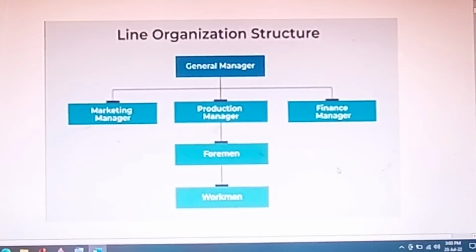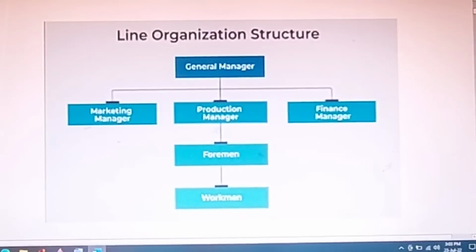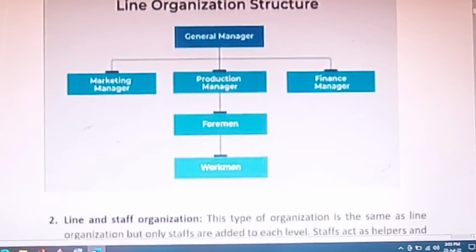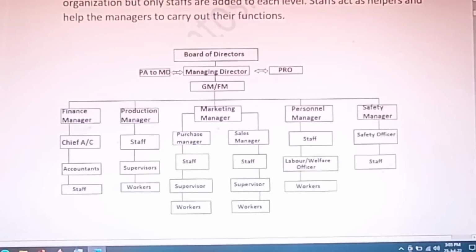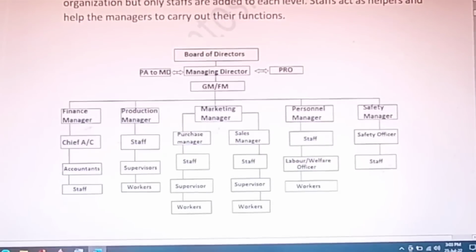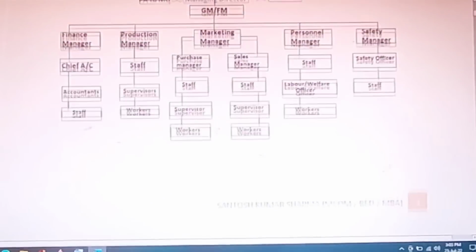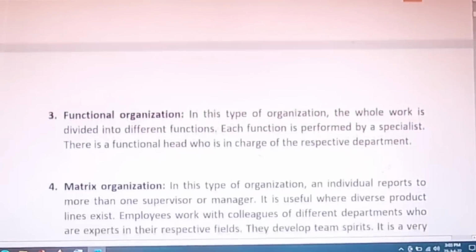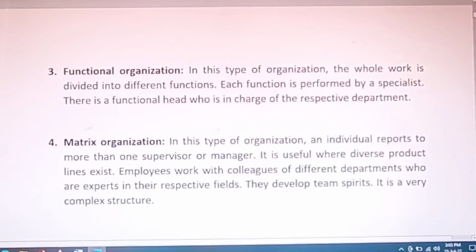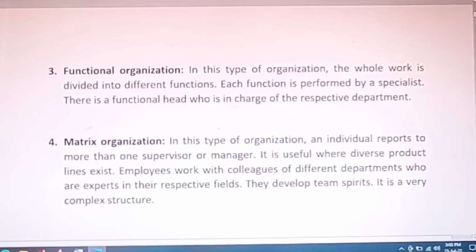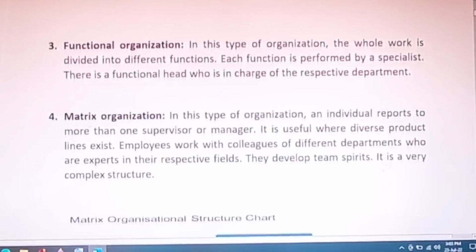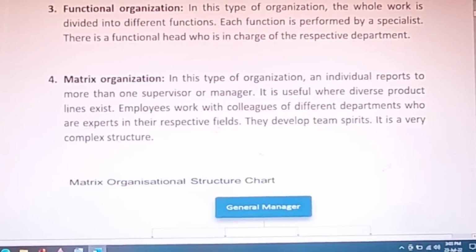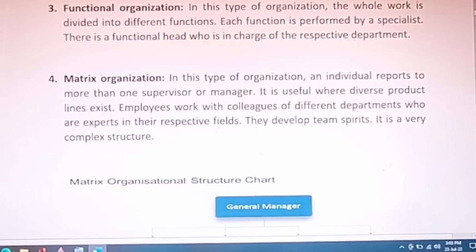Then again you can place the different employees there, like foreman, workman, like that. Line and staff organization में the different staffs are attached to the line managers. And in the functional organization, the structure is divided on the basis of functions like production, finance, purchase, like that. And matrix organization, where the individual reports to more than one manager or supervisor.